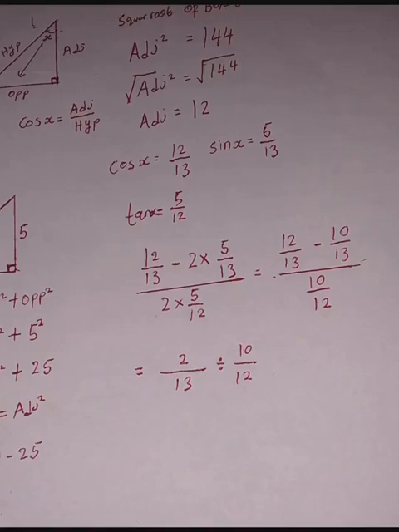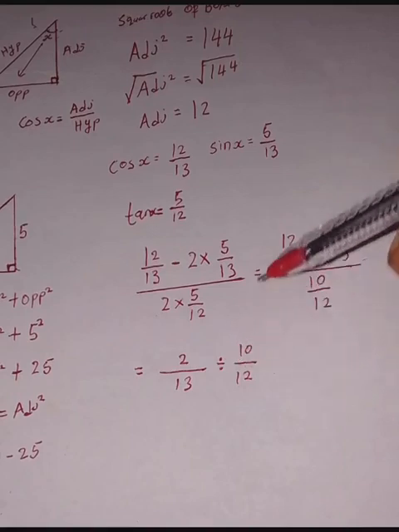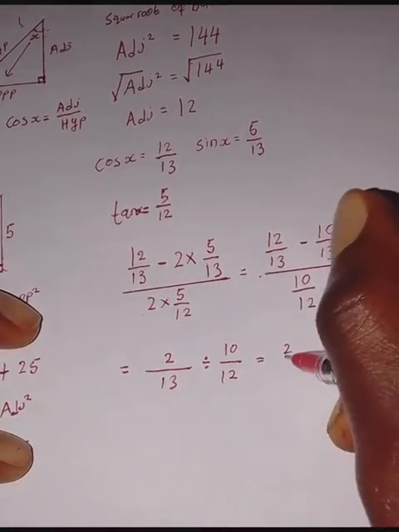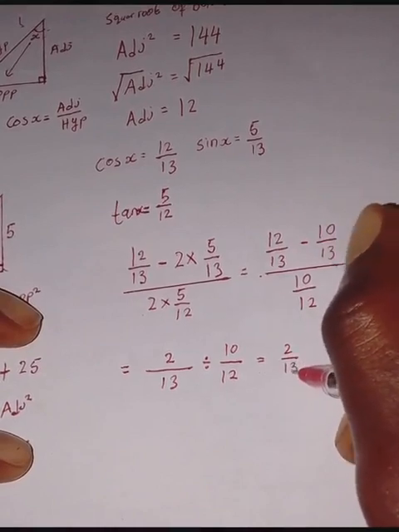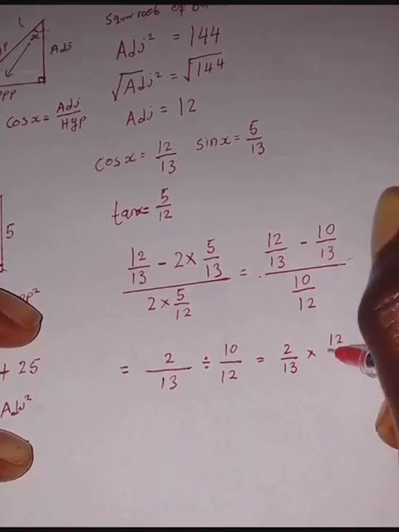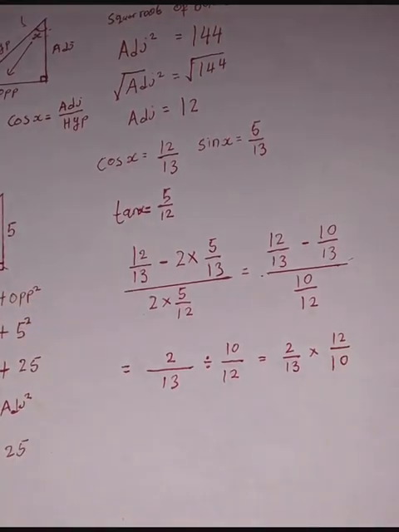So from here, what do we do? This division sign will change to multiplication, which means 12 will go up and 10 will come down. So it becomes 2 over 13 times 12 over 10.